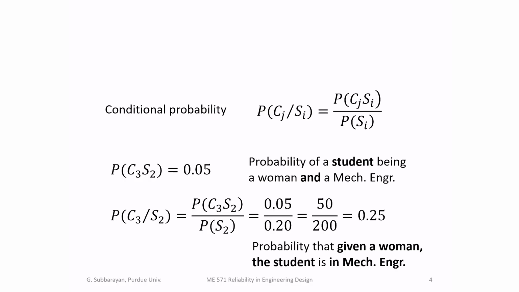In the second question, we were asked to estimate the probability of a student being in mechanical engineering, given that the student was a woman. The equivalent mathematical statement of that verbal description is C3 given S2. Then we can go through the process of using Bayes theorem and estimating the probabilities.